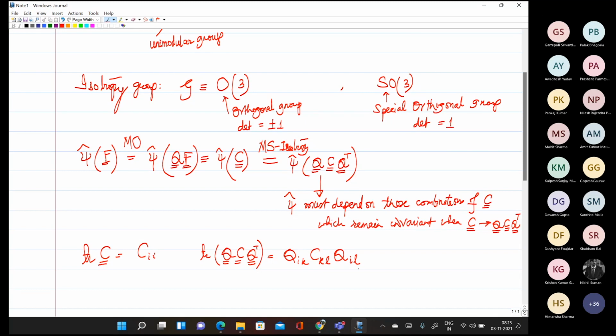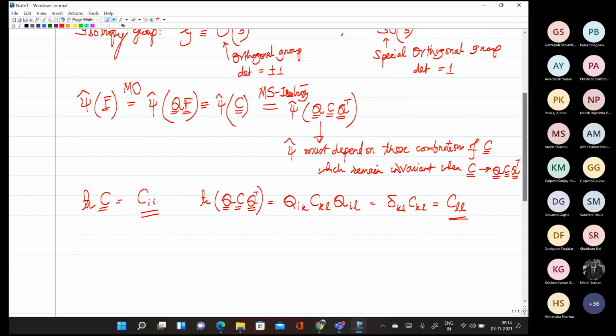But then Q_IK into Q_IL, Q being this orthogonal matrix, is delta KL. So this is the same as delta KL C_KL, which is the same as C_LL. So you see here C_LL and here C_II are both the same. That means the trace remains invariant.